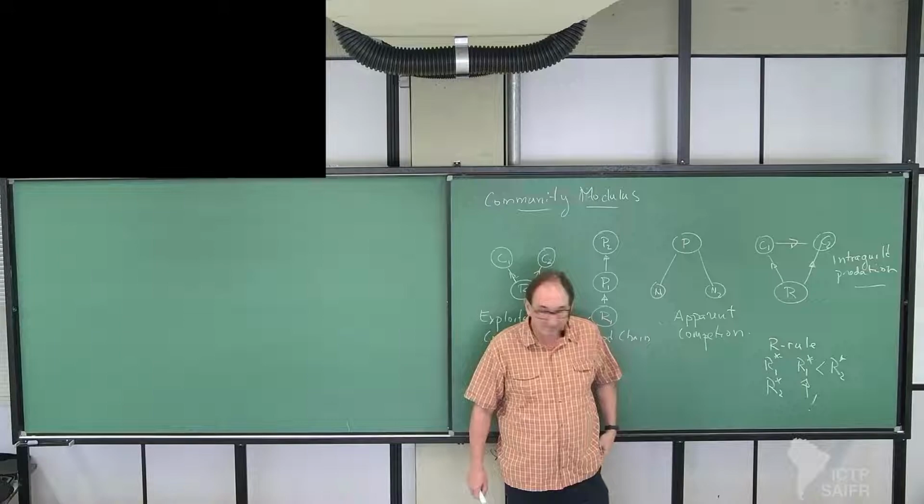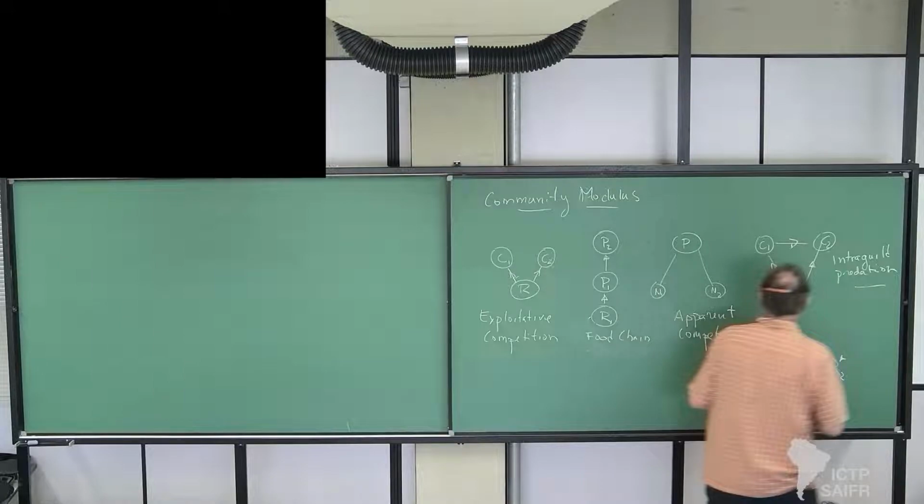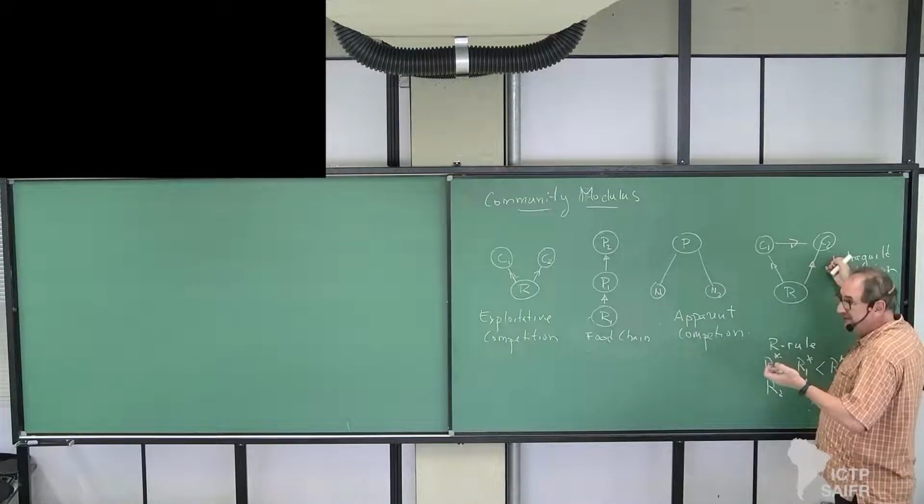Sure, we can already imagine that if C2 is the best competitor and still preys upon C1, C1 loses completely. We'll get the elimination of C1. You don't even need to write an equation for that.